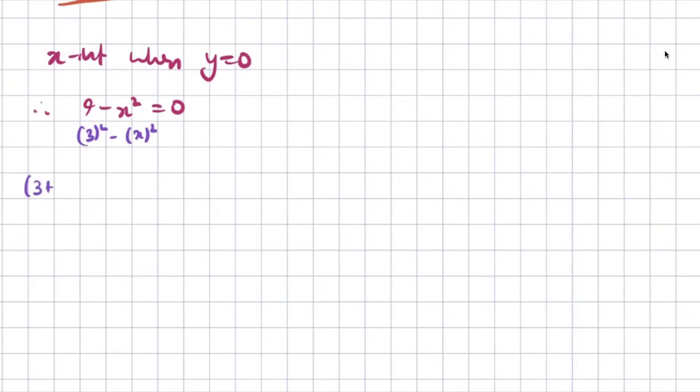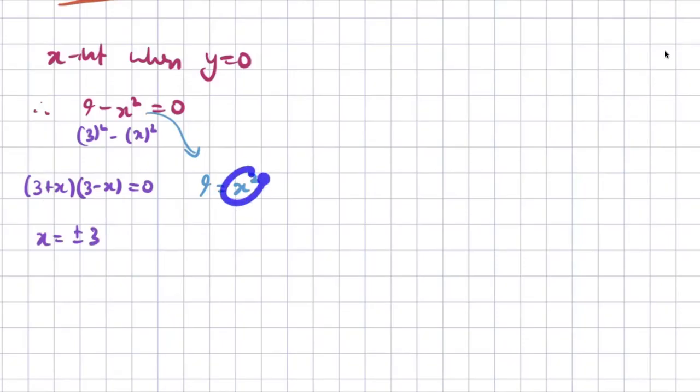It becomes 3 plus x, 3 minus x equal to 0, and we can apply the null factor theorem that way. So the opposite of that bracket is negative 3, the opposite of that bracket is positive 3, and we end up with x being equal to plus or minus 3. Or method 2, we can simply move the minus x squared across to give us 9 is equal to x squared.